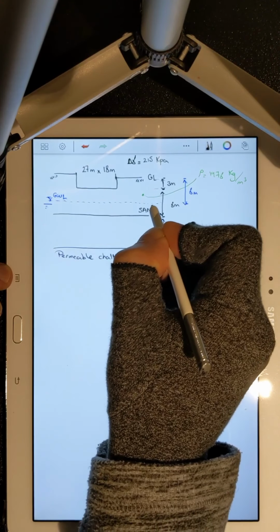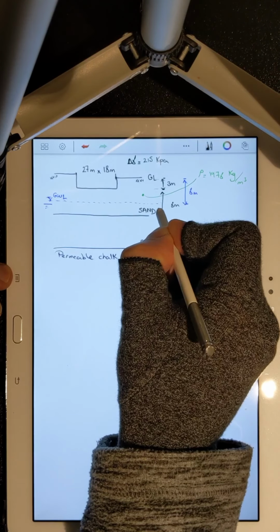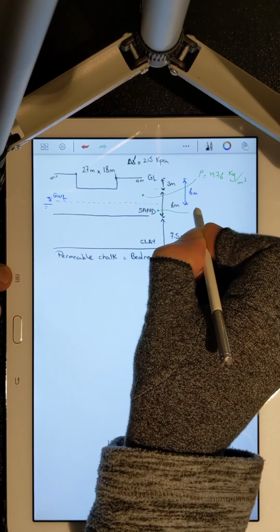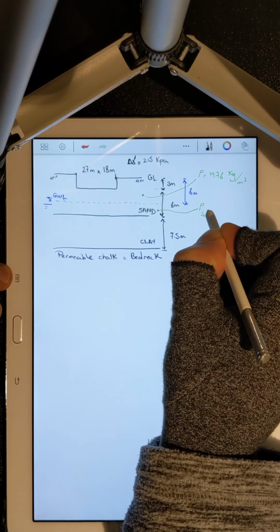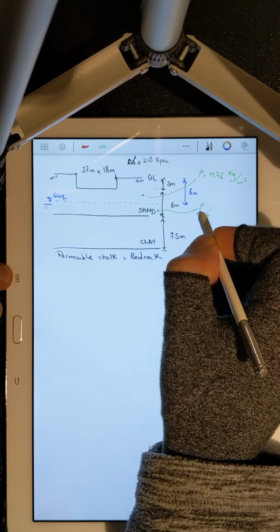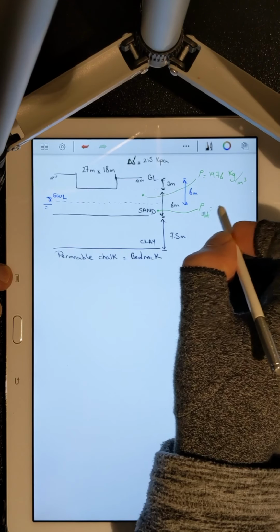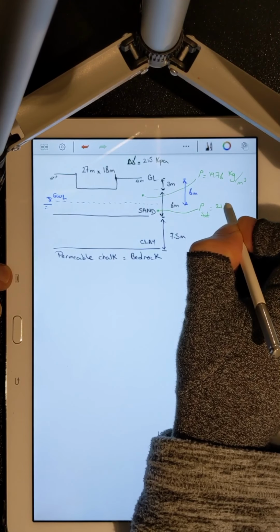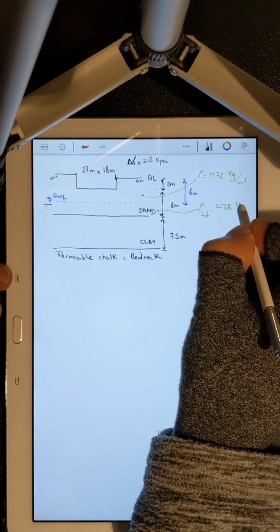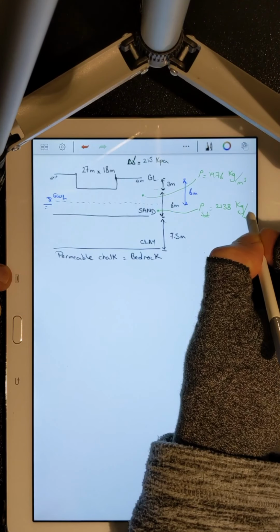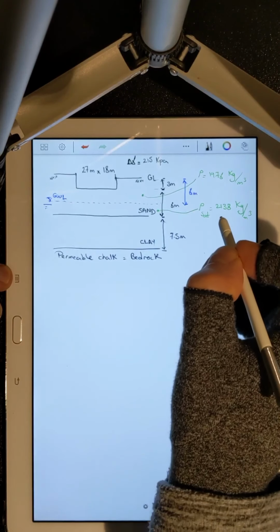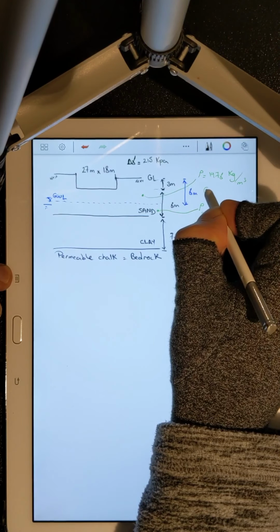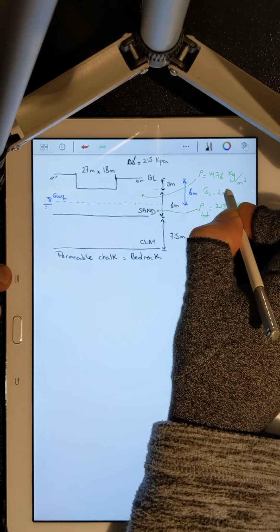And then I have the same parameter for sand below groundwater level, or saturated sand, 2138 kilogram over meter cube. The specific gravity of sand particles is 2.65, again typical of quartz.